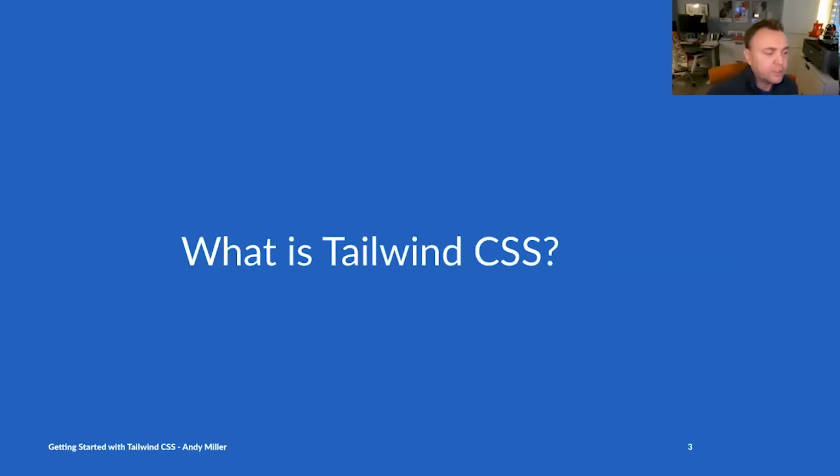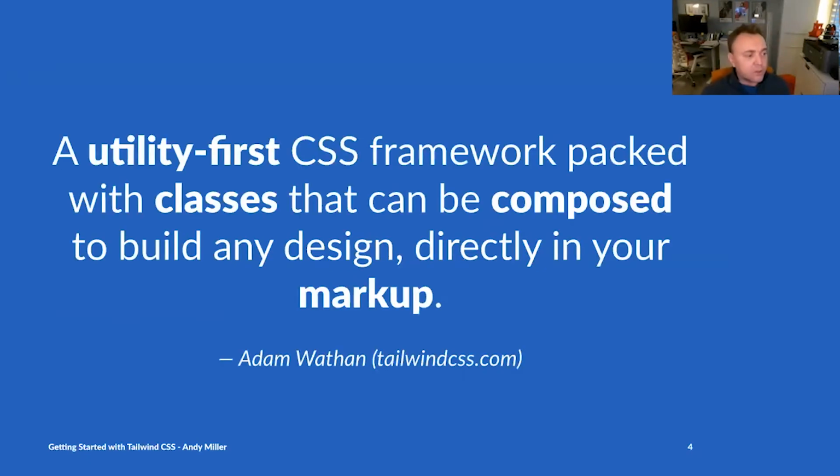So what is Tailwind CSS? It's a utility-first CSS framework, and it's packed with classes that you basically put together to create any design. And you do this directly in your markup.